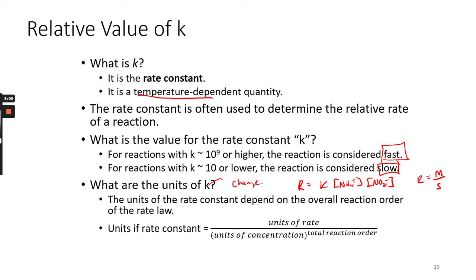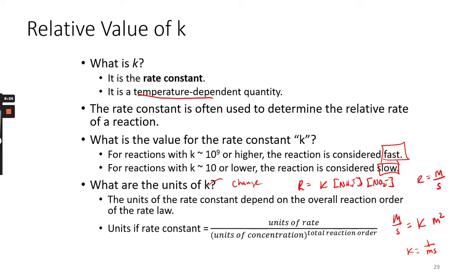And I know each of these concentrations are molarity. So I need molarity per second. I have K. I don't know what its units are, but it's times molarity squared because each of these are molarity. So K has to kind of fix the units so I get molarity over second. So in this case, the units of K are 1 over molarity times second.